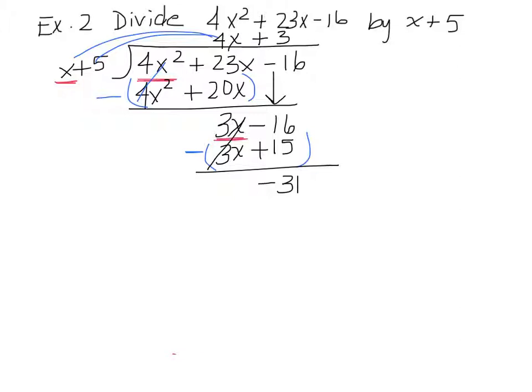When you have a remainder, this is how you write your answer. Like a mixed number. So it'll be 4x plus 3 plus your remainder over your divisor.